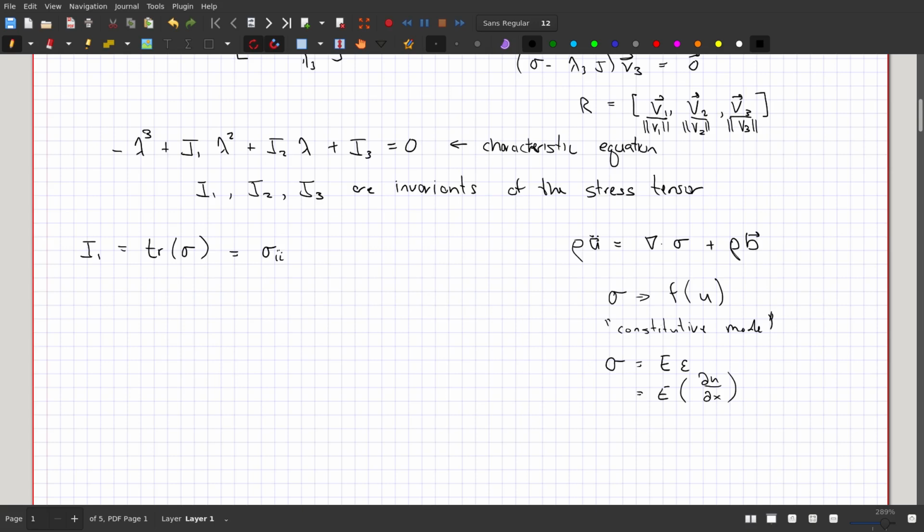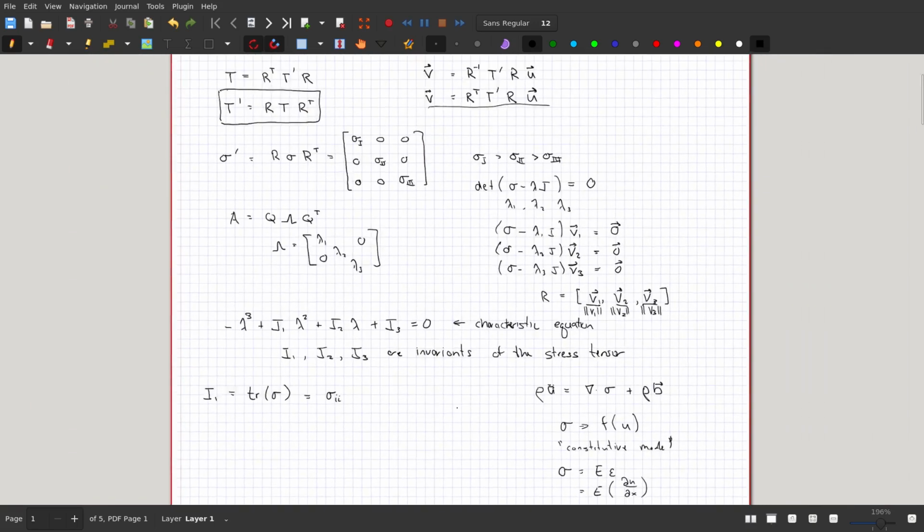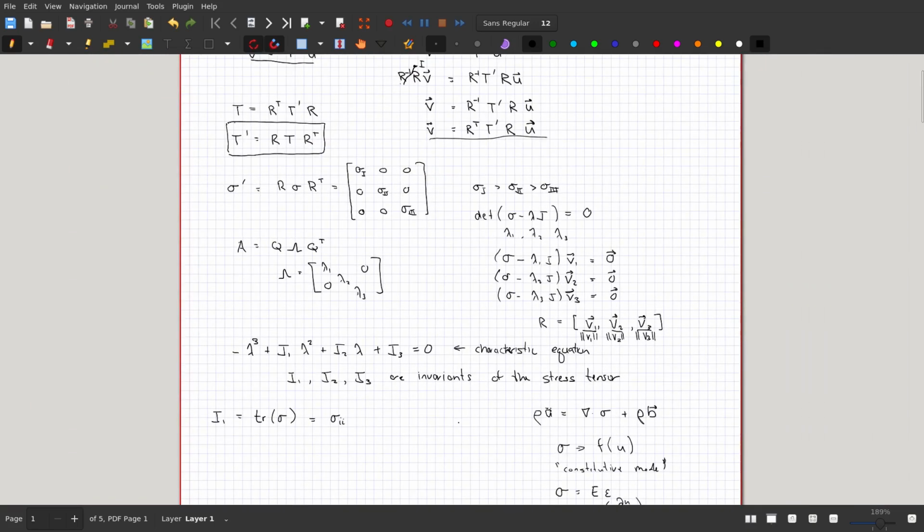This is invariant, so I can take the trace of this unrotated stress, or I can take the trace of this rotated stress, rotated into the principal coordinates so that I have the principal stresses on the diagonal. But the trace, sigma ii, is a repeated index, so that means the sum of the diagonals, right?